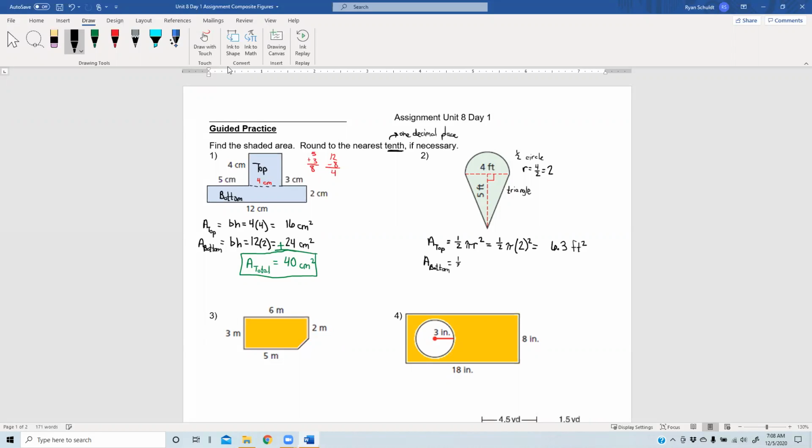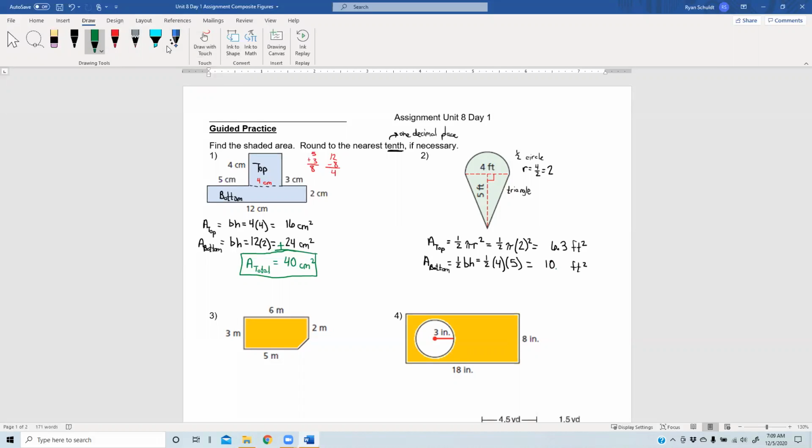It's going to be 1/2 base times height because we have a triangle. Bottom is a triangle, so we do 1/2 base times height. It's going to be 1/2. Our base is 4. Our height is 5. So 1/2 of 4 times 5 is 10 feet squared.